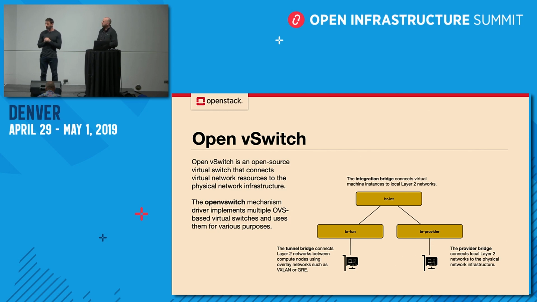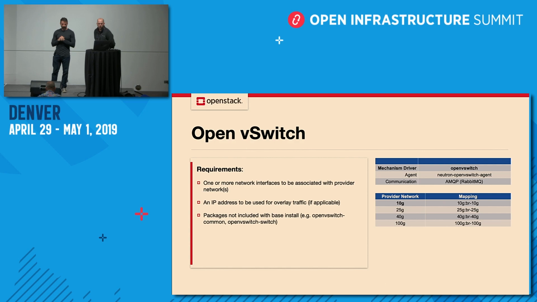Unlike LinuxBridge, all your VMs, regardless of what network they're in, are going to plug into this integration bridge. From there, you'll see 2 branches, quite often a tunnel bridge, which is going to handle your overlay traffic, and then 1 or more provider bridges. And in our case, we're going to have 4, 1 for each speed. And that's where your physical interface and your physical network will connect.